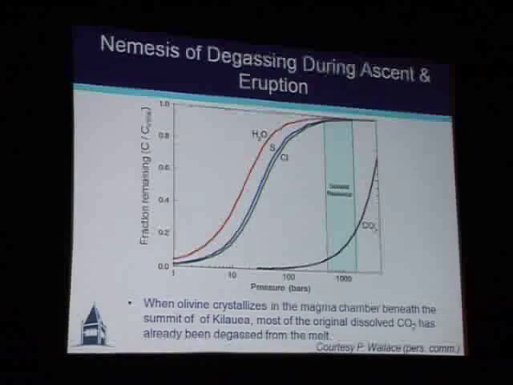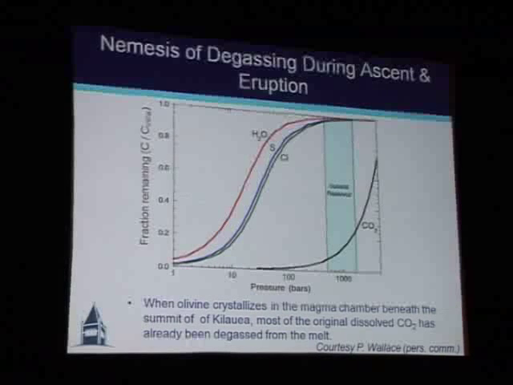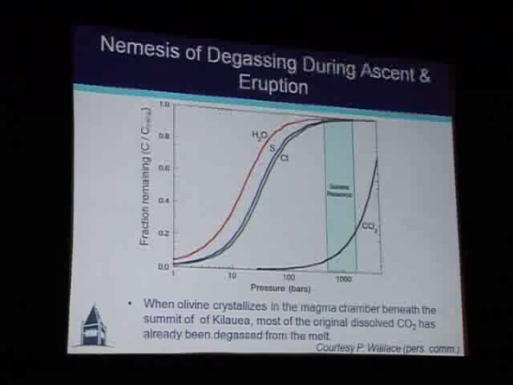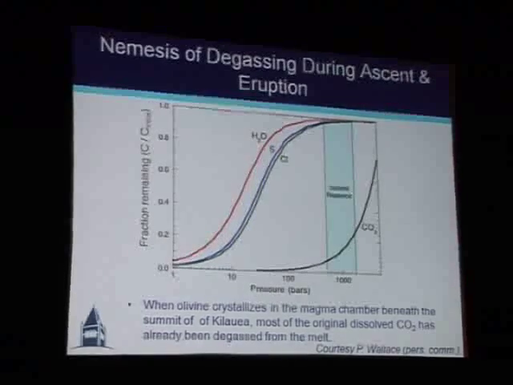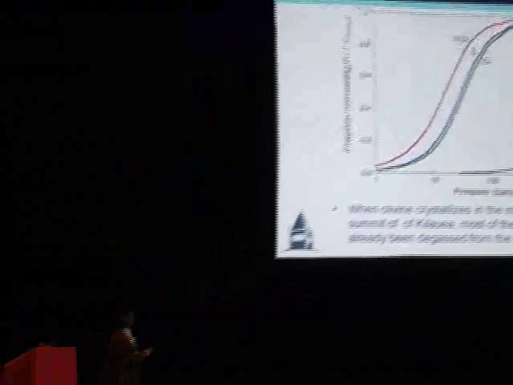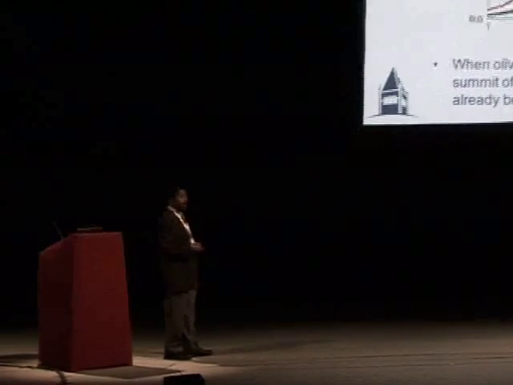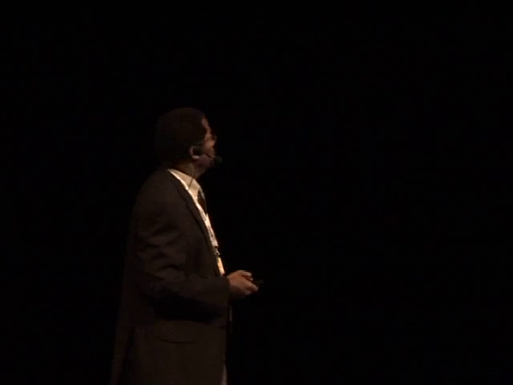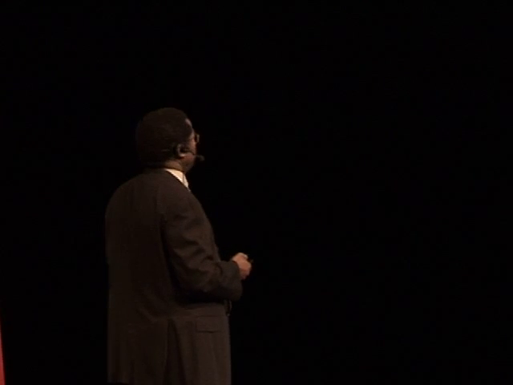The important thing I should point out is that degassing is a nemesis in these studies because of the fact that gases such as CO2 have very low solubilities, especially at low pressures, so that, as in this example for Kilauea volcano in Hawaii, by the time we get these magmas to the surface, a certain amount of degassing has already taken place.